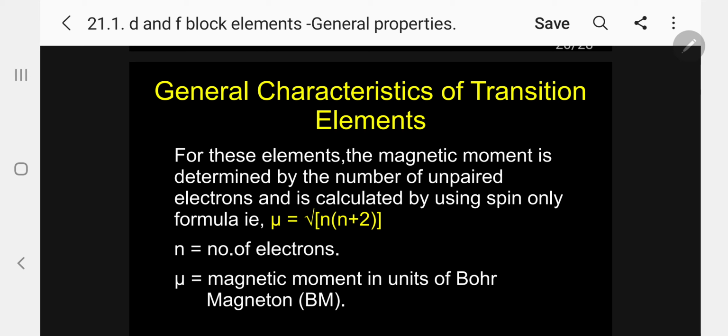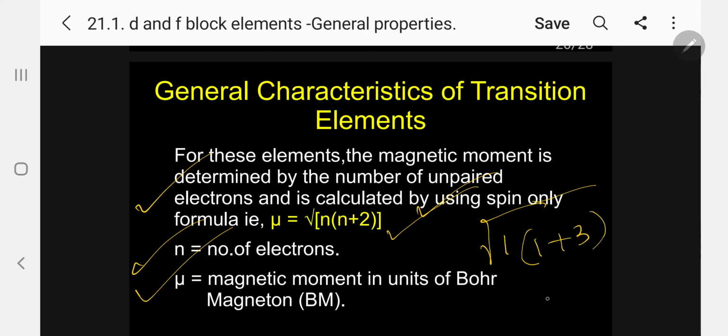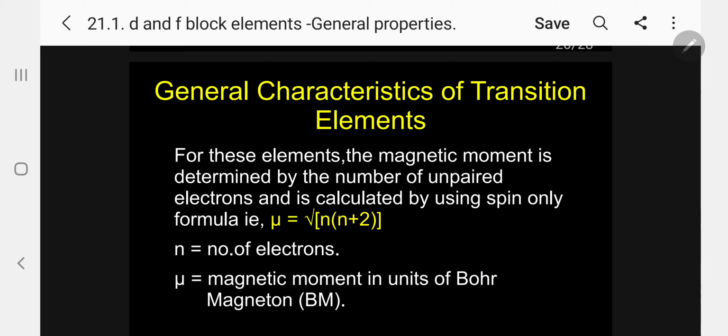For these elements, the magnetic moment is determined by the number of unpaired electrons and is calculated by using the spin-only formula: mu equals square root of n into (n plus 2), where n is the number of unpaired electrons, an integer starting from 0. Mu is the magnetic moment in units of Bohr magneton. For example, for scandium, n is 1, so 1 into (1 plus 2), that is 3, root 3. You have to calculate like that.